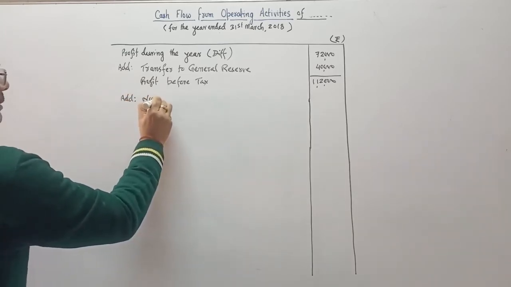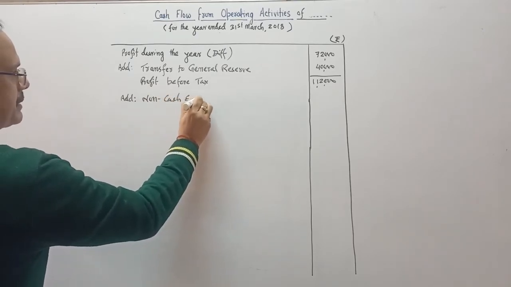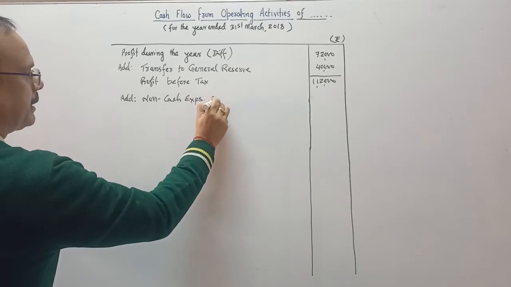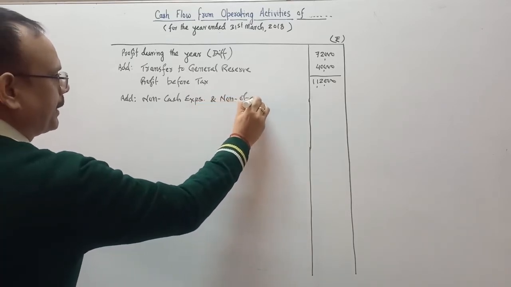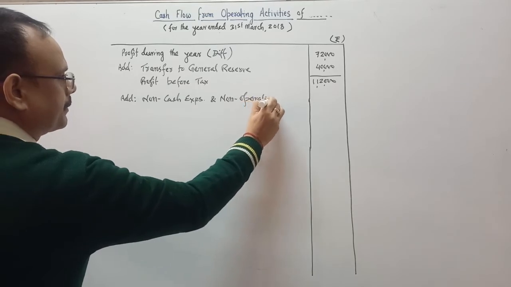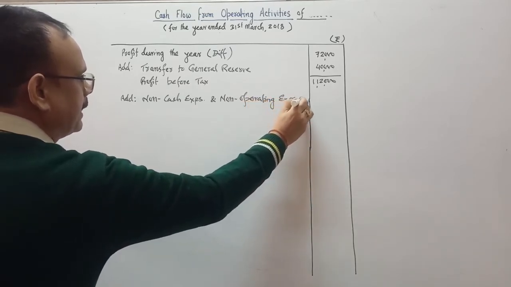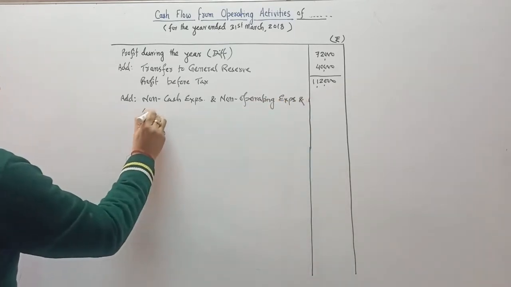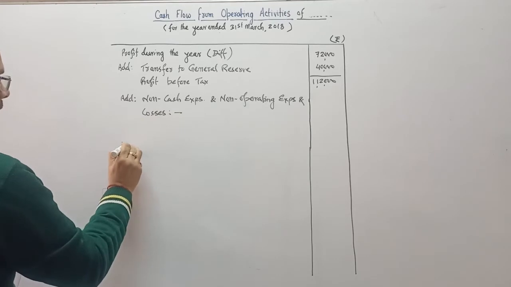Now you add non-cash expenses and non-operating expenses and losses, and what will we deduct?